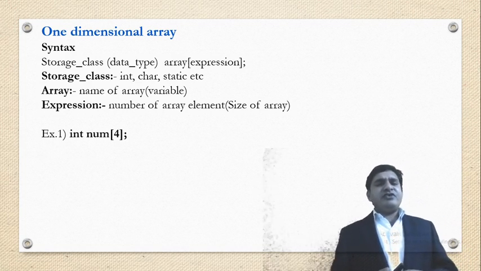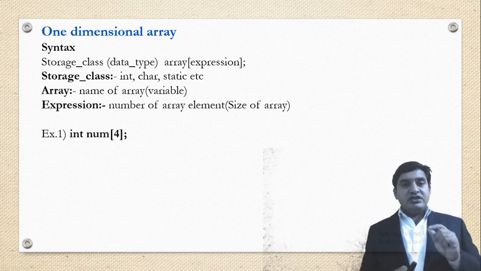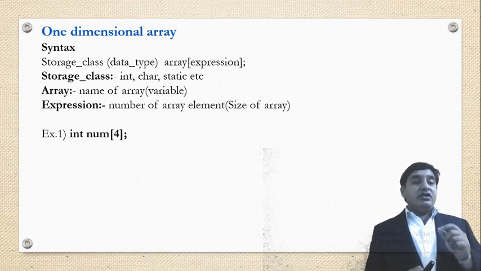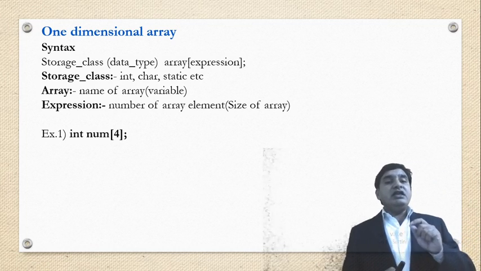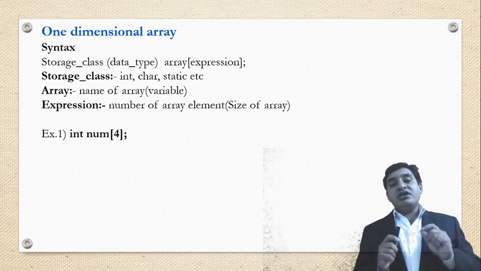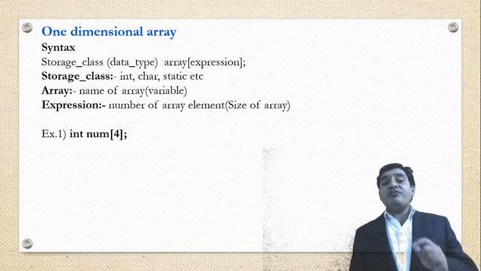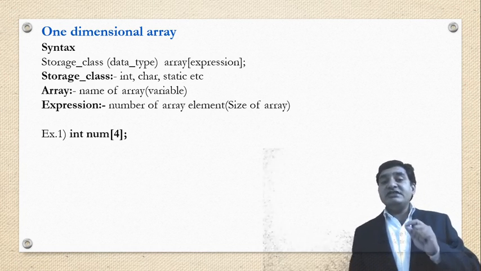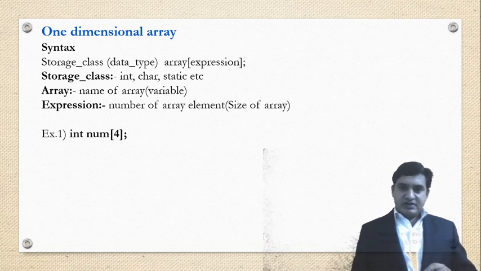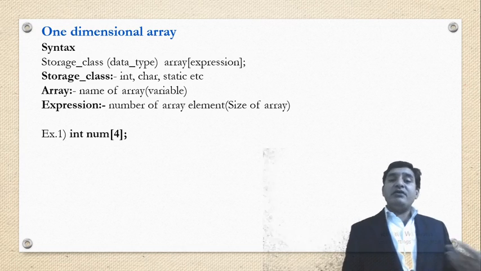If we consider the first example, int num[4]: int is the data type, num is the name of the variable and 4 represents the size of the array, or the number of elements.